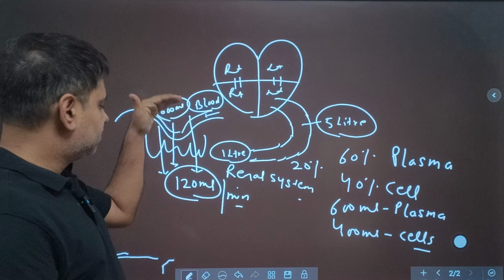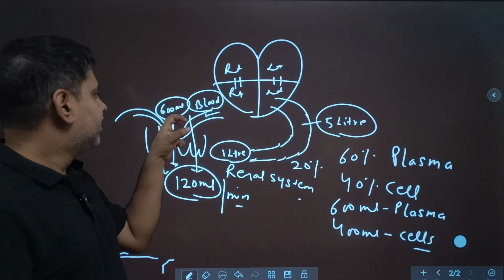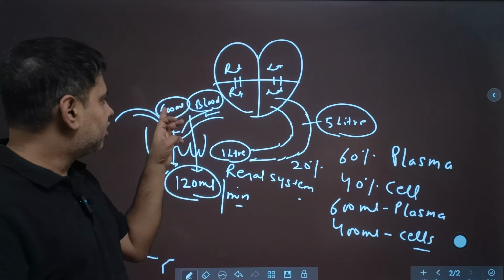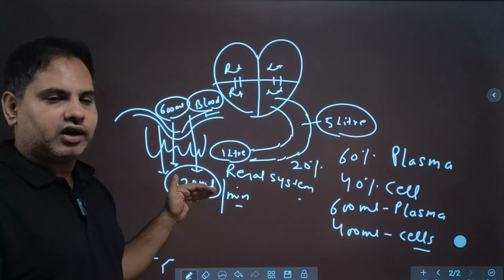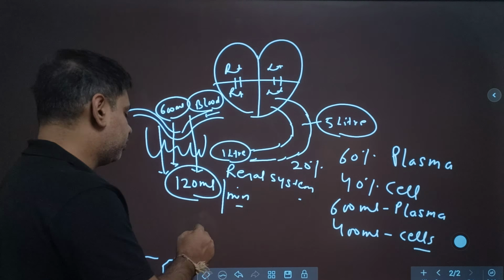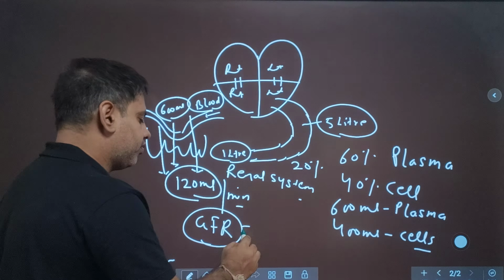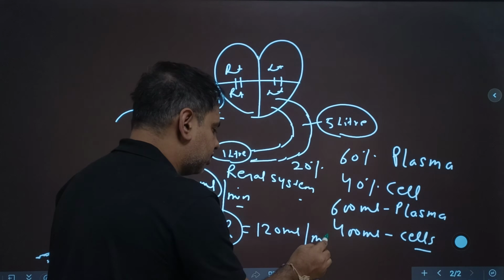How much filtration is going through in the Bowman capsule? 600 ml of plasma is going to be filtered, and 20% of this you are getting in the filtrate. So, 20% of 600 ml is 120 ml. That's why, if we talk about GFR, the glomerular filtration rate is 120 ml per minute, right?